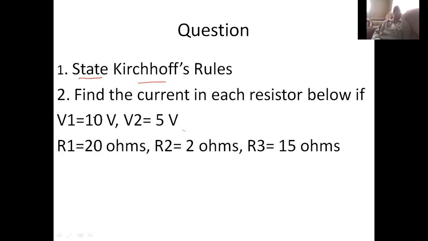And then the second part is a circuit which contains voltage 1, which is 10 volts, voltage 2, which is 5 volts, resistor 1, which is 20 ohms, resistor 2, which is 2 ohms, and resistor 3, which is 15 ohms.